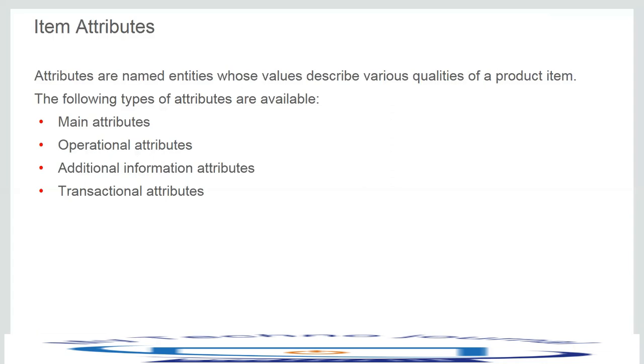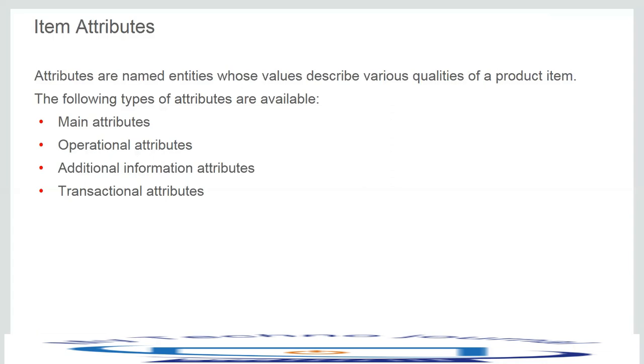And some of the examples with respect to different applications include, from the inventory point of view, an example of an operational attribute will be the shelf life days. And from an order management application point of view, the shippable flag is one example of an operational attribute.